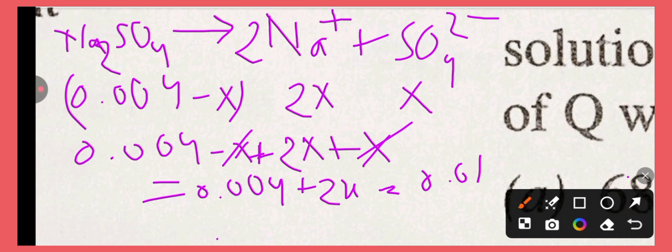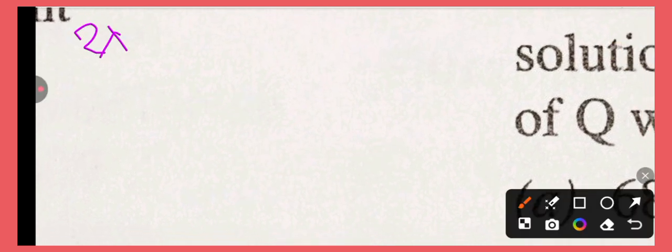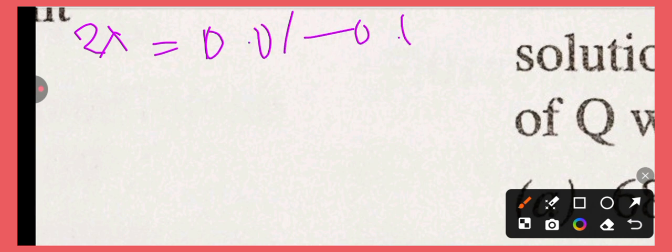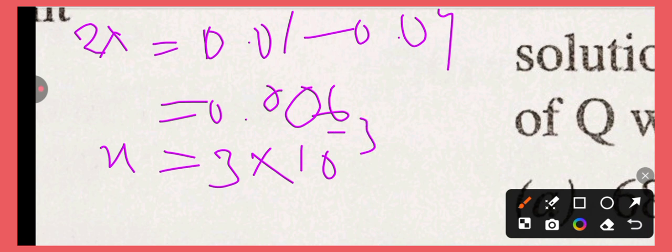So 2x is equal to 0.01 minus 0.004, which is 0.006. x is equal to 3 into 10 to power minus 3.